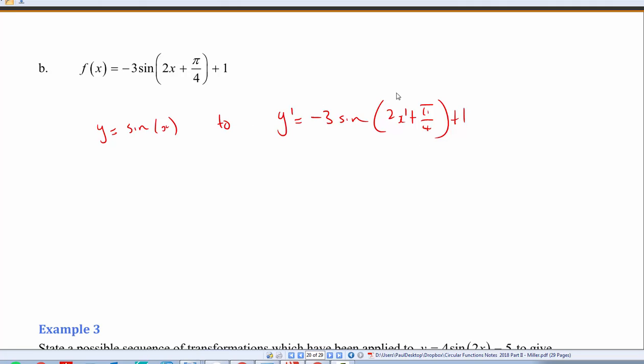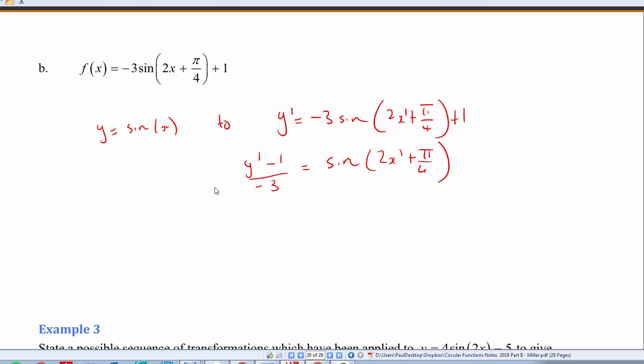And now I need to reconfigure this so as before it appears as it would after I subbed in my y and x value to find the image. So I'm going to go y dash take 1 over -3 is equal to the sine of 2x dash plus pi on 4.